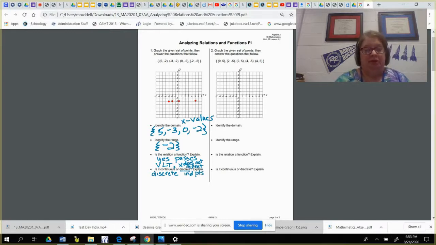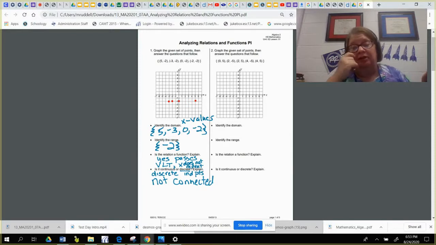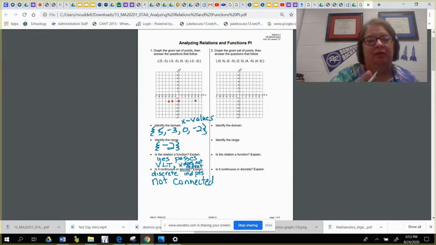Anytime you have a list of ordered pairs, you're not going to connect those if you can count the number of points, and in this case we had 4.